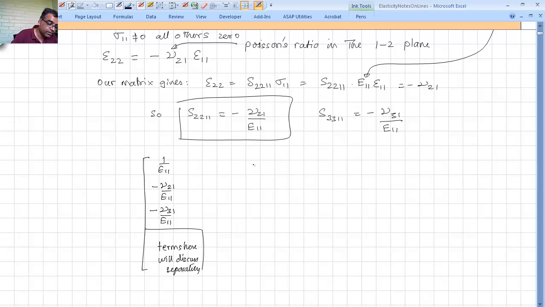Because they are trickier, right? Now, similarly, the next one will be 1 over E22, and then this will be minus nu 12 over E22, and then minus nu 13 over E33.